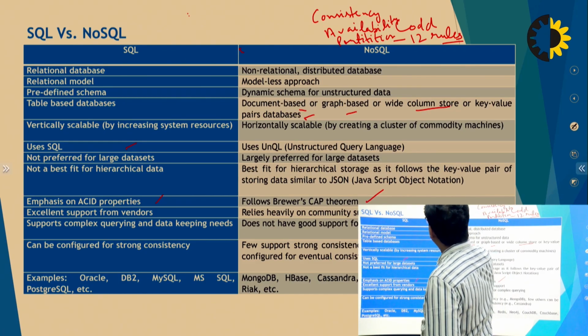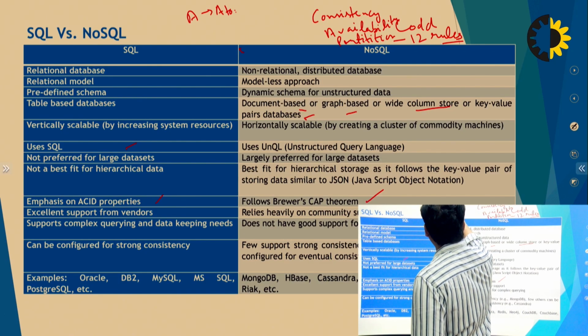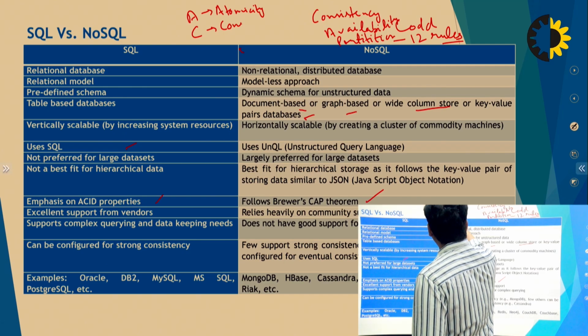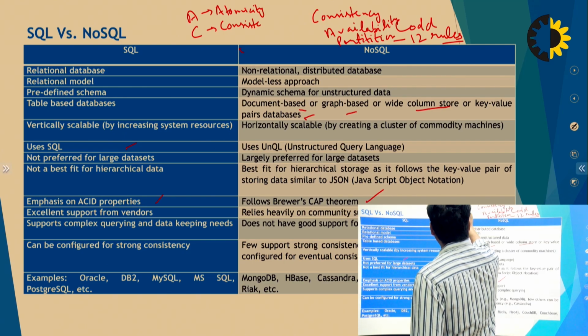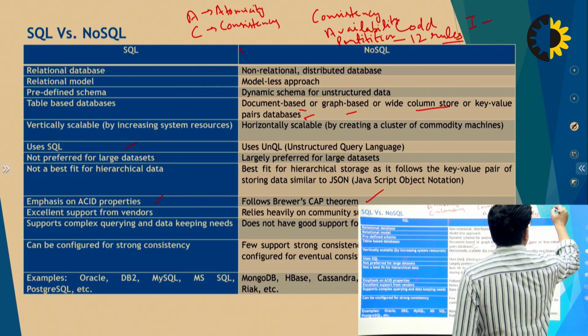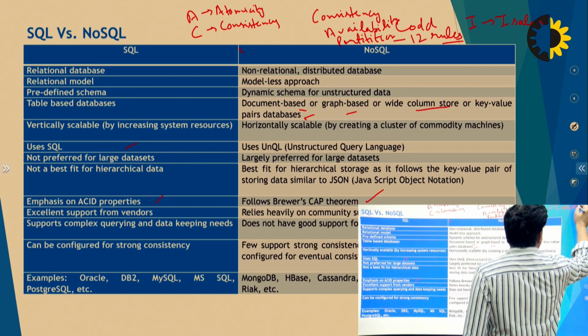Whereas in ACID, A stands for atomicity, C stands for consistency, I stands for isolation, and D stands for durability.